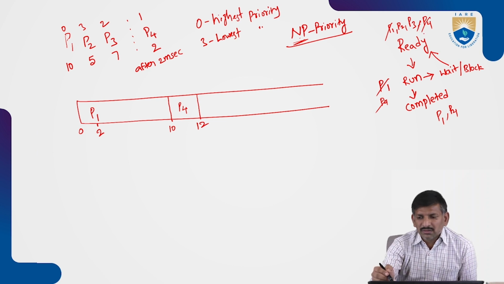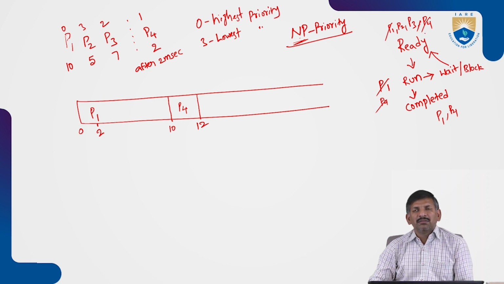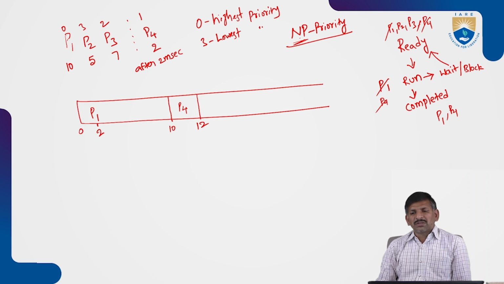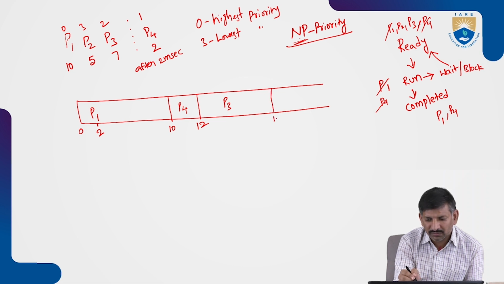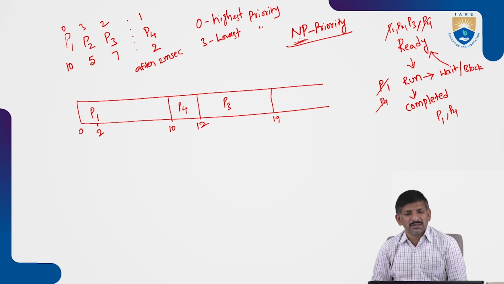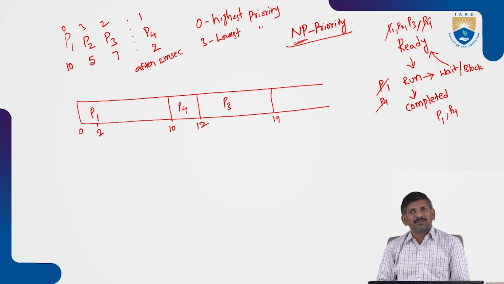Next, at the time of the 12th millisecond, what are the processes available in the ready state? P2 and P3. So among them, which one is the highest priority? P3 is having the highest priority.